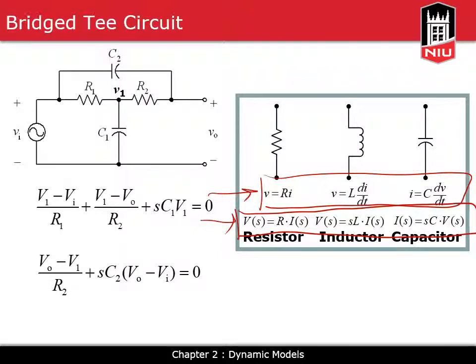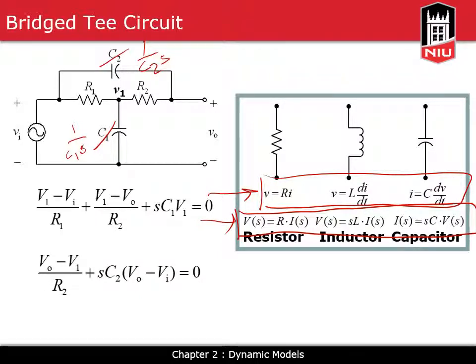So what you can do is convert capacitances to impedances. For C1, the impedance is 1 over C1 times S. For this one, the impedance is 1 over C2 times S. Impedance of resistors are the same thing as resistances, R1 and R2.